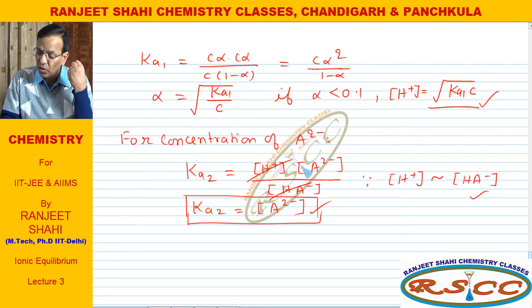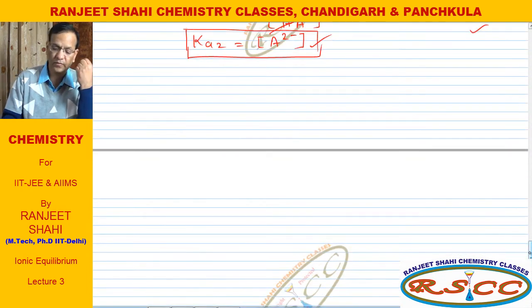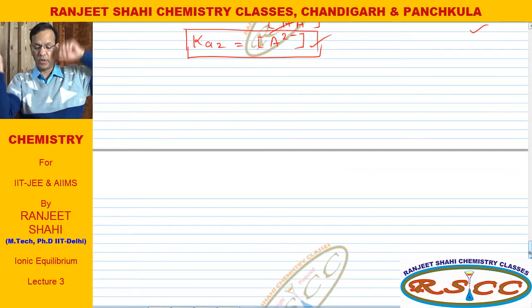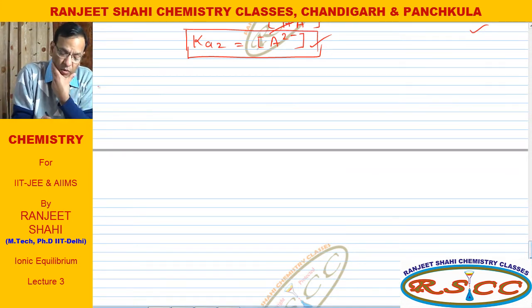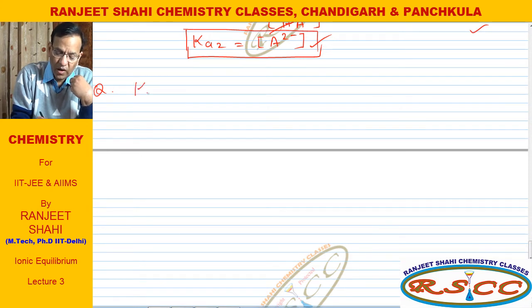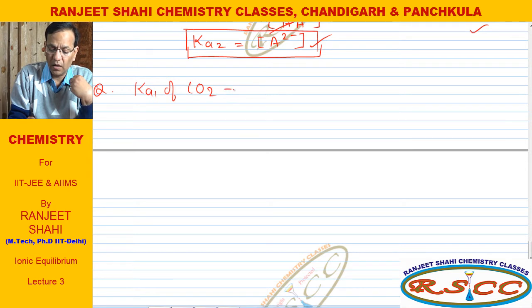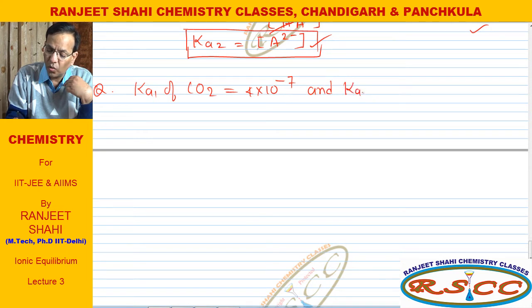So now let us use them for some calculation. Suppose we have been asked to solve a problem of dibasic acid, given Ka1 of carbon dioxide is equal to 4 into 10 raised to the power minus 7, and Ka2 is 5 into 10 raised to the power minus 11.